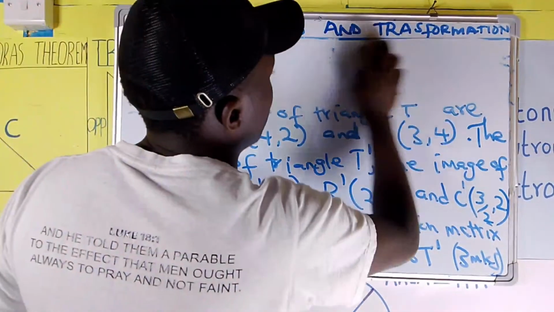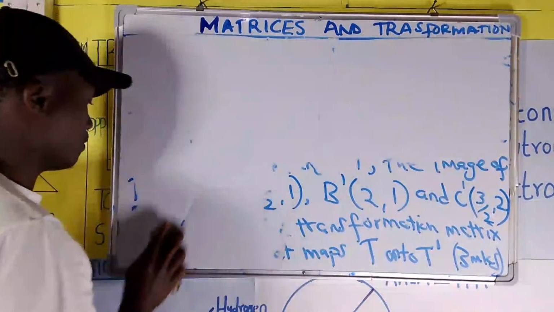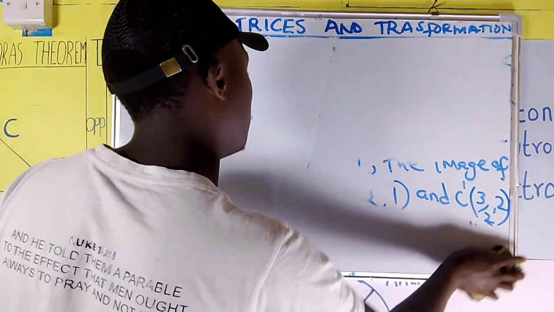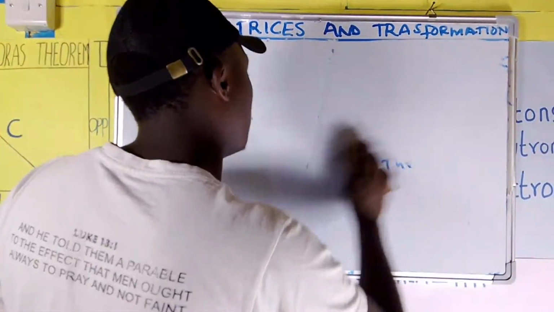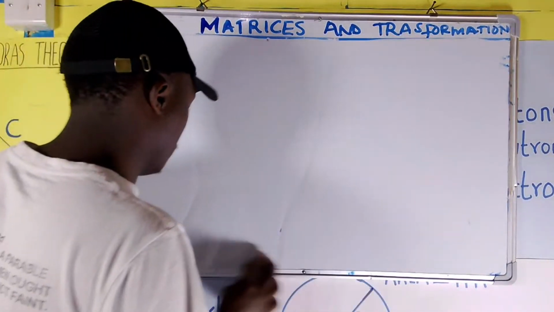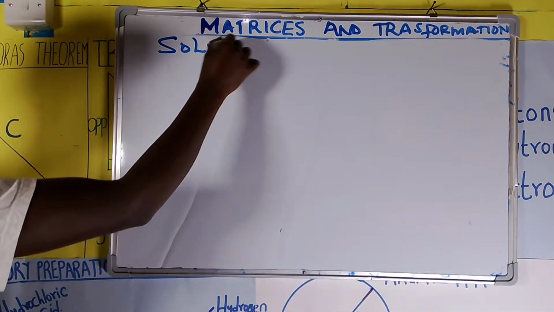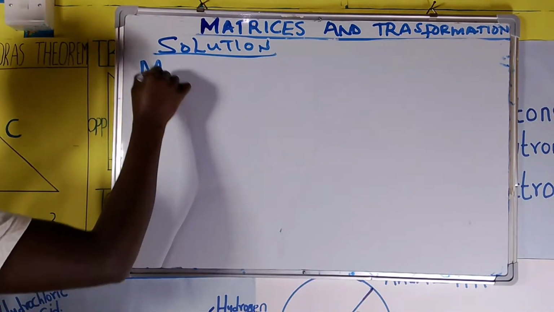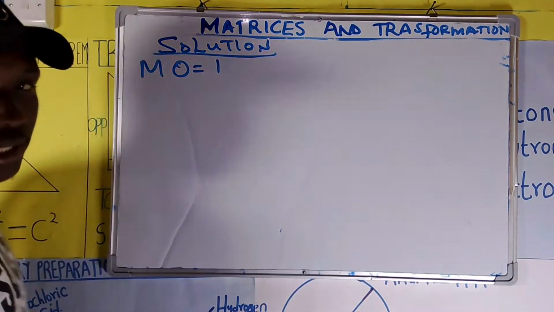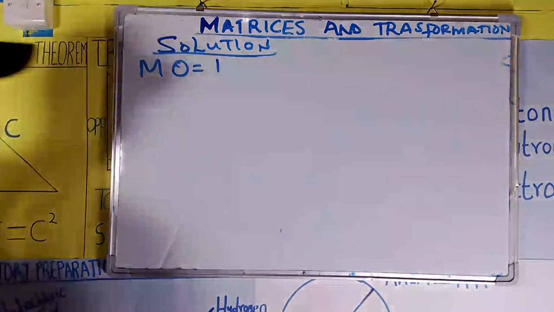So, for us to work out the solution, we need to understand that matrix times object is equal to image. So we already have our matrix.